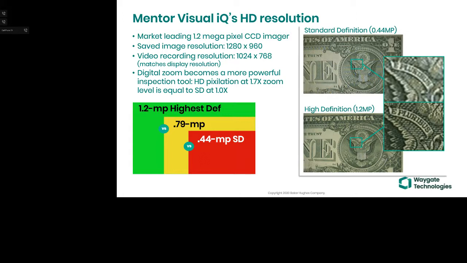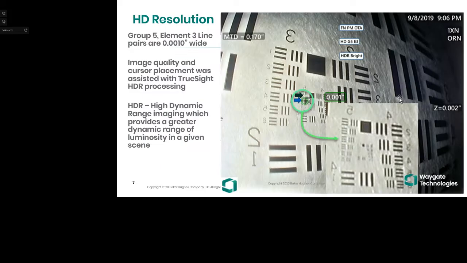Just to show you a little bit closer picture of what that HD resolution with a close focusing optic is able to do. This again is that U.S. Air Force 1951 target that was NIST, National Institute of Standards and Technology, certified, and that Group 5, Element 3, has line pairs, a black line and a white line, that are 0.0010, so 1,007 inch.